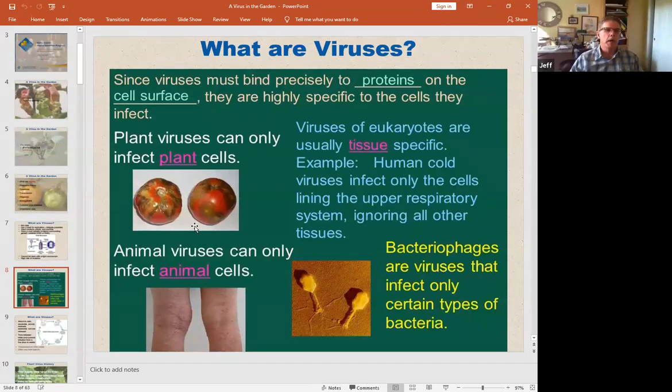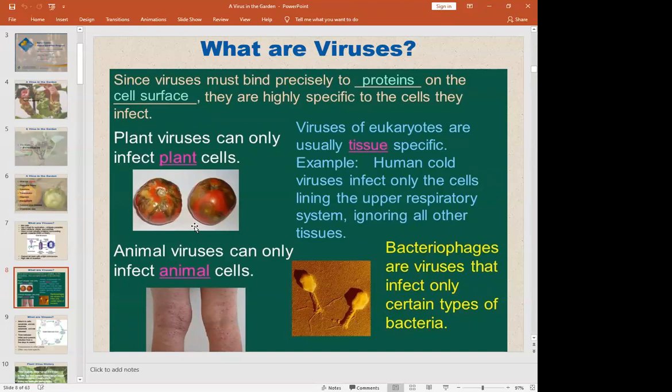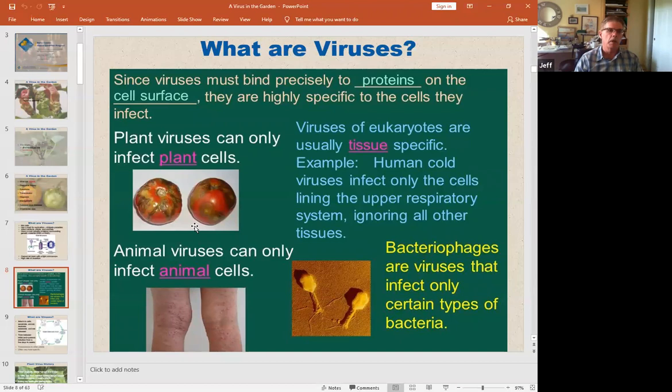So viruses must bind precisely to certain proteins. They have complementary proteins that fit into little other proteins on the cell surface. So they're highly specific. Plant viruses only infect plant cells. So if you're gardening and you have something ugly happening in your garden, you won't catch it. Animal viruses can only affect animal cells, and bacteriophages, just certain kinds of bacteria.